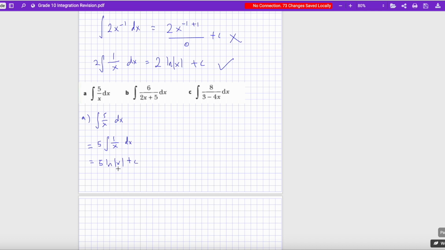This is one way to do it with the mod x. If you don't like the mod x, then you write 5 ln x plus c and state that x has to be more than 0. Either way, it's fine. You can pause the video now and try B and C.